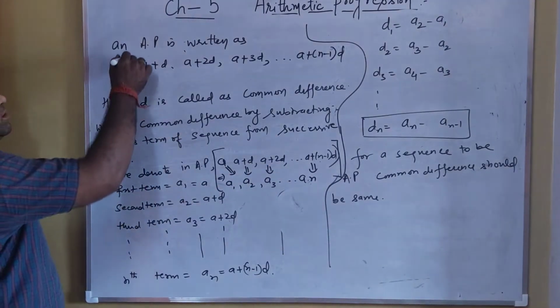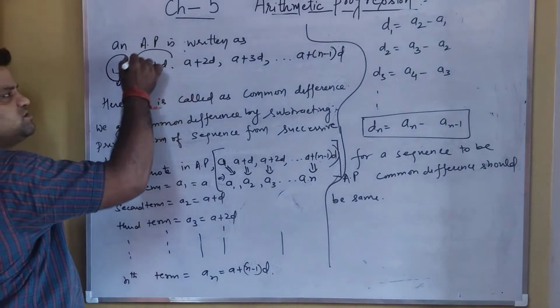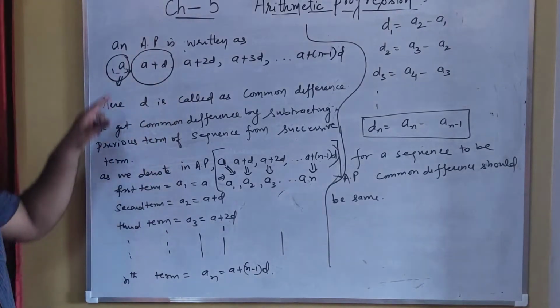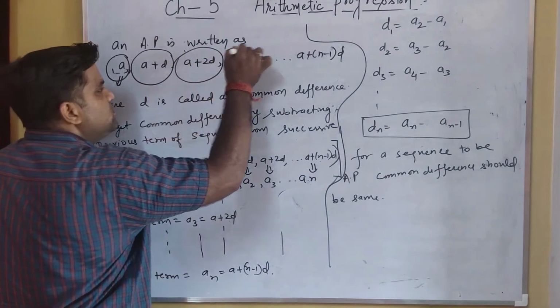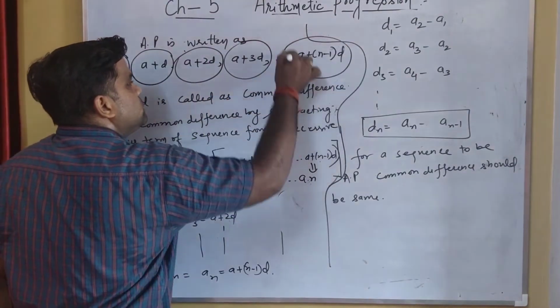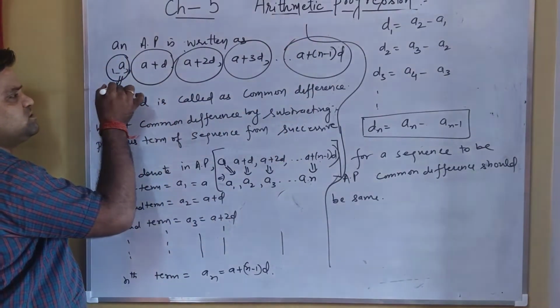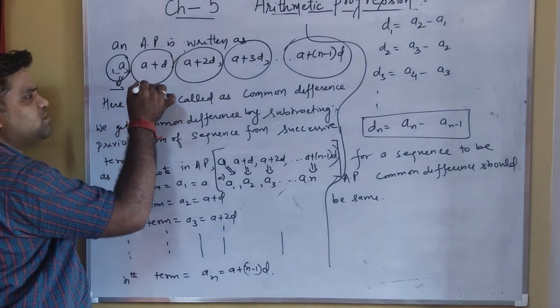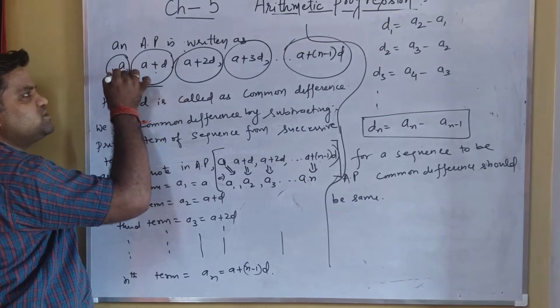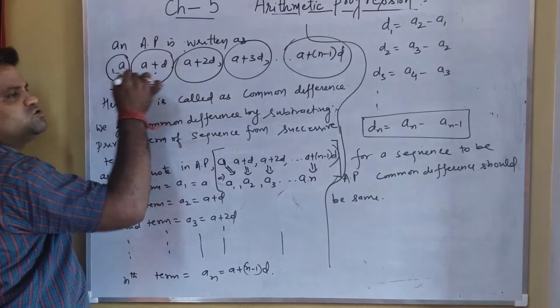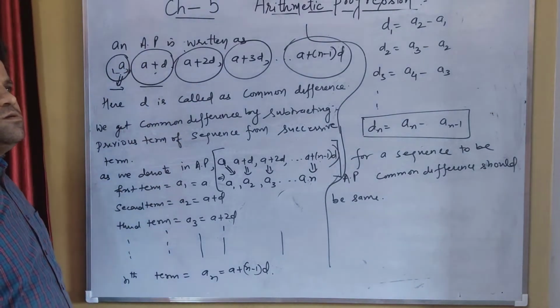It means this is our first term, this is our second term. Now the successive term of the first term is the second term. So if we subtract the first term from the second term, we get the common difference.